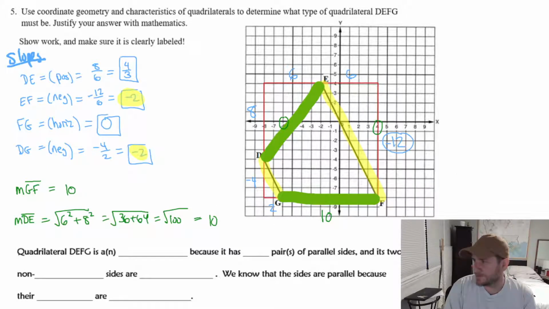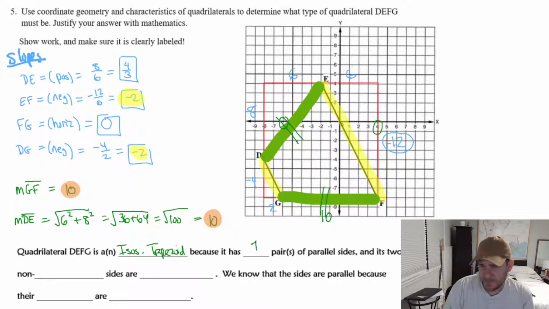So guess what? After all this work of finding the slopes and finding the side lengths, I can now proudly say that this is not simply a trapezoid, it's an isosceles trapezoid, because these two green sides are the same, 10 and 10. So it is an isosceles trapezoid.